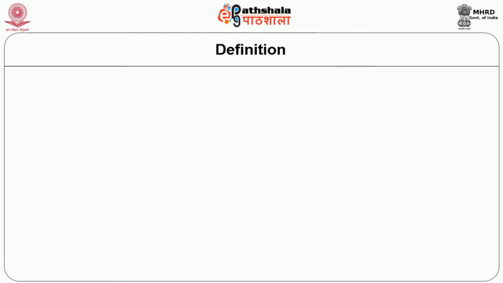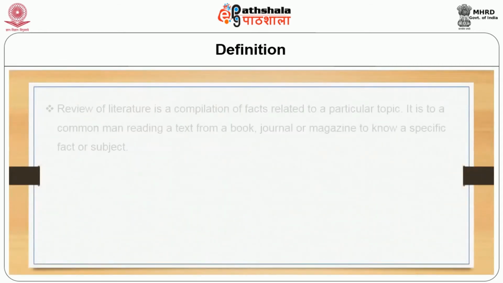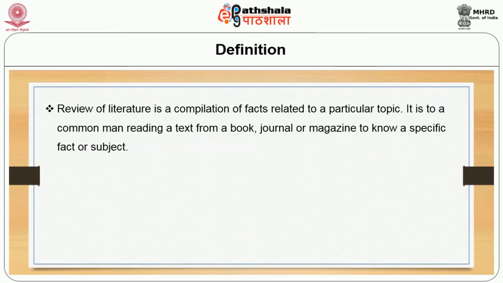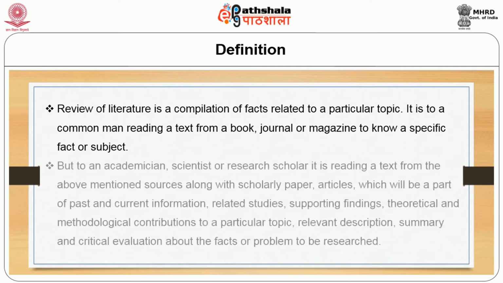Now we shall see the definition for review of literature. Review of literature is a compilation of facts related to a particular topic. It is, to a common man, reading a text from a book, journal or magazine to know about a specific fact or subject.